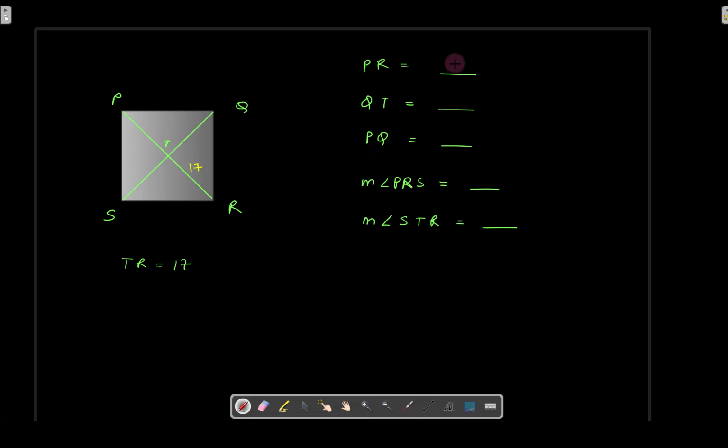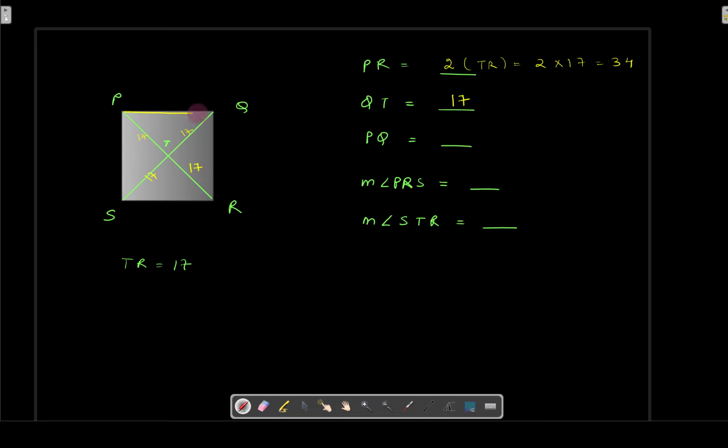So PR will be twice of TR. So twice of 17, which will be 34. QT will also be 17. See, all of these will be the same: 17, 17, 17. That's the property.